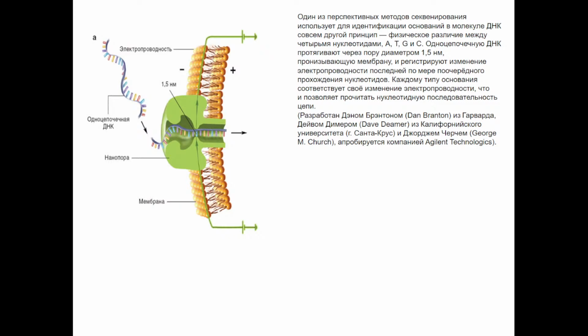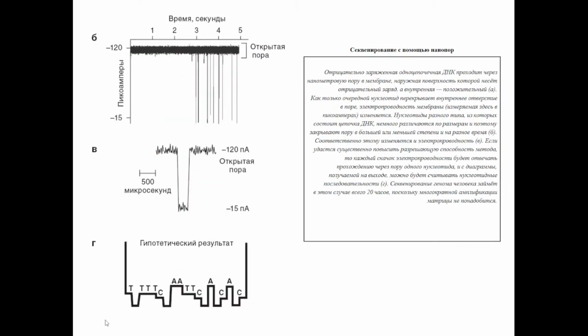In this case, registration of electroconductivity is possible, and the transfer of the DNA strand across the pore leads to constant changes of electroconductivity, and each nitrogen base influences it individually. You can see the sequence of nucleotides by the sequence of electroconductivity. Yes, now these methods are very effectively developed.